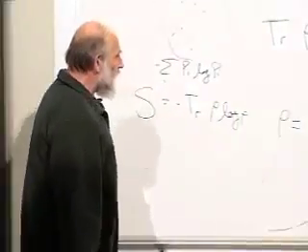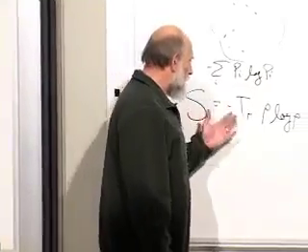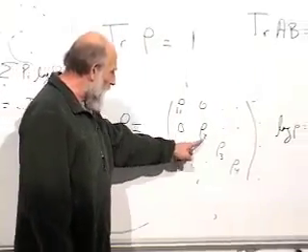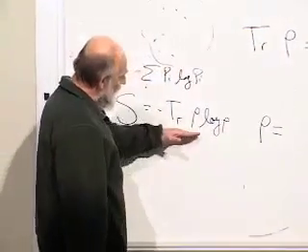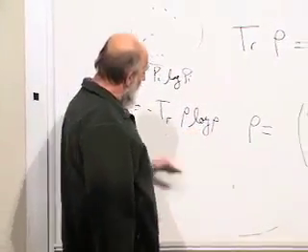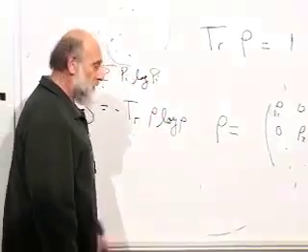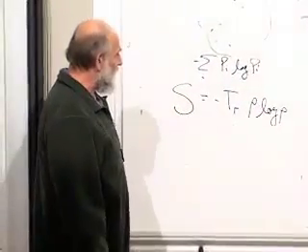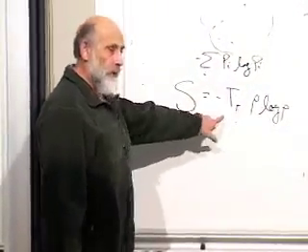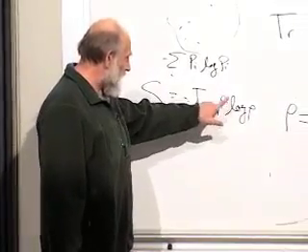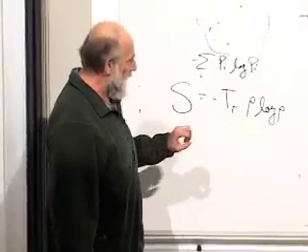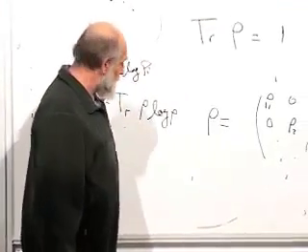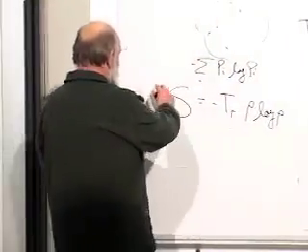All right. So what is this? This is, of course, just the sum of the rho sub i's log rho sub i's, exactly as it is classically, but I've written it in a form that's more appropriate for quantum mechanics, as the trace of rho log rho, and so it has meaning in a vector space, not just as a classical probability distribution.